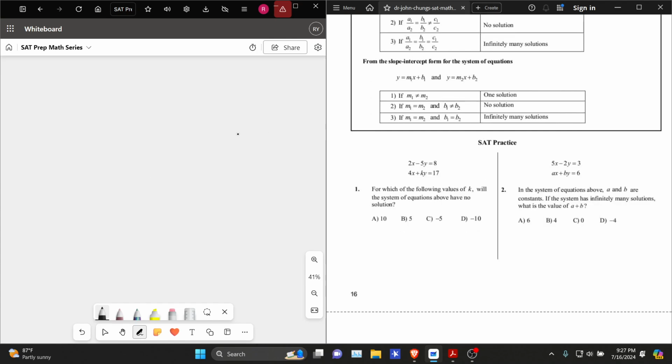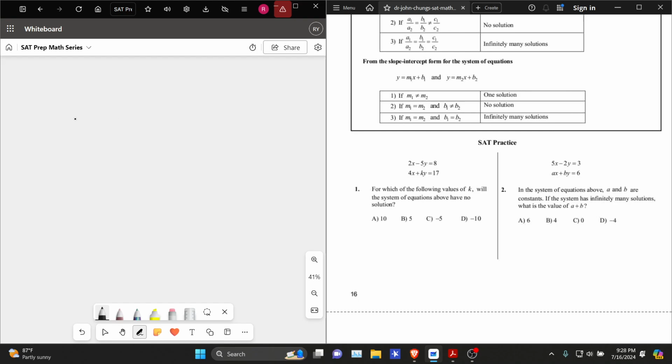For which of the following k values will the system of equations above have no solution? No solution means the a ratio, a1 over a2, is equal to b1 over b2, but not equal to c1 over c2.